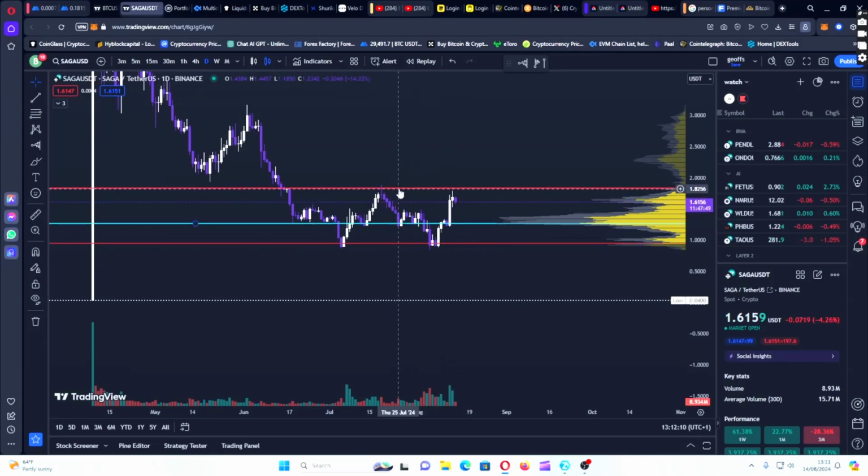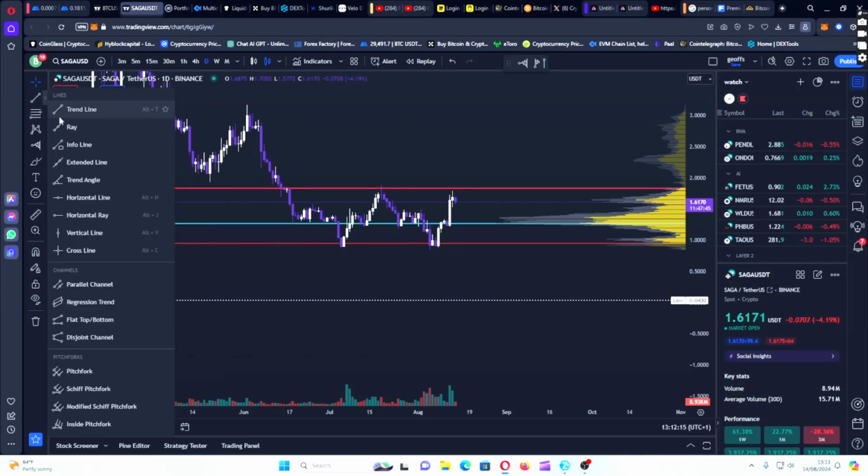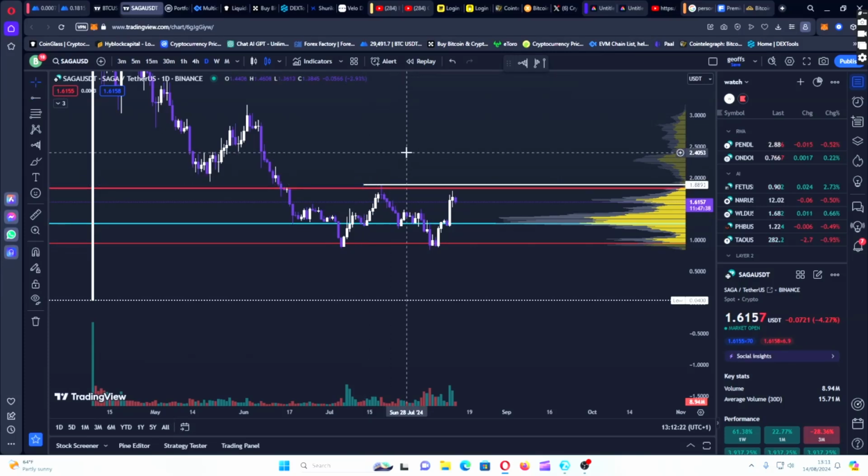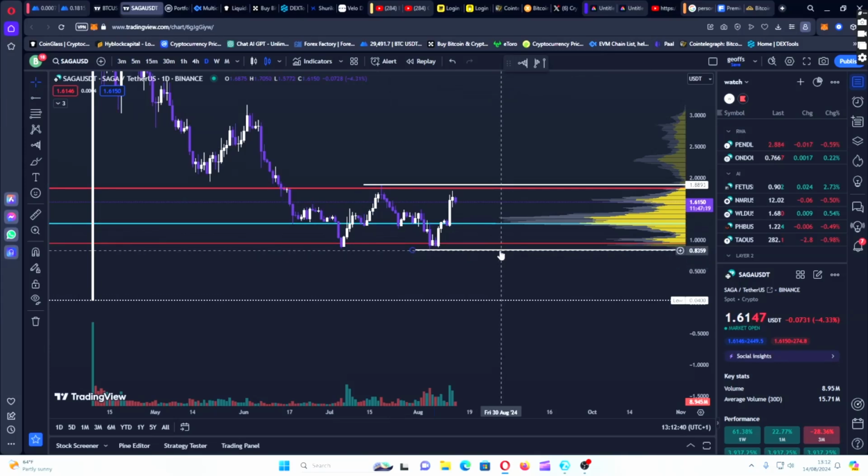So we always keep struggling around this area, but I can see a lot of liquidity that lies on the daily in Saga around that area, which is, let's refine it, 18963. We've also got on Saga some liquidity that lies below at 8430.